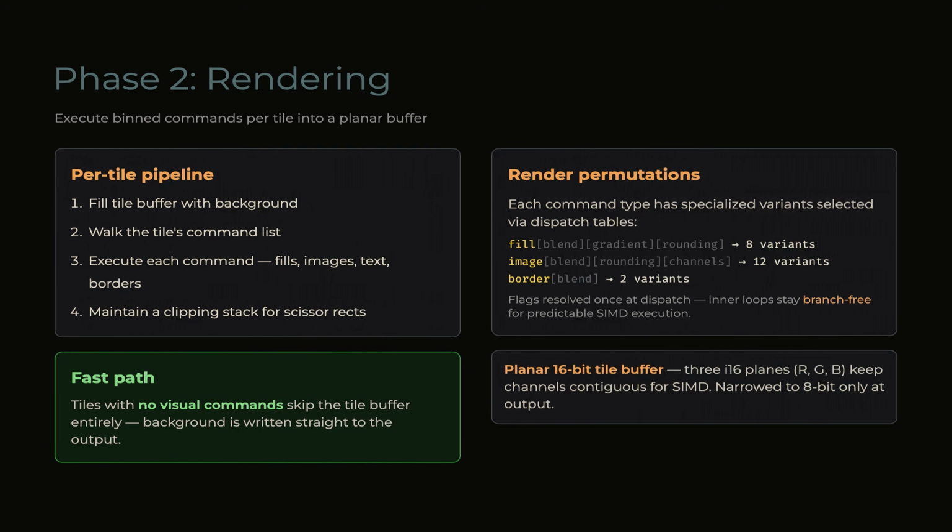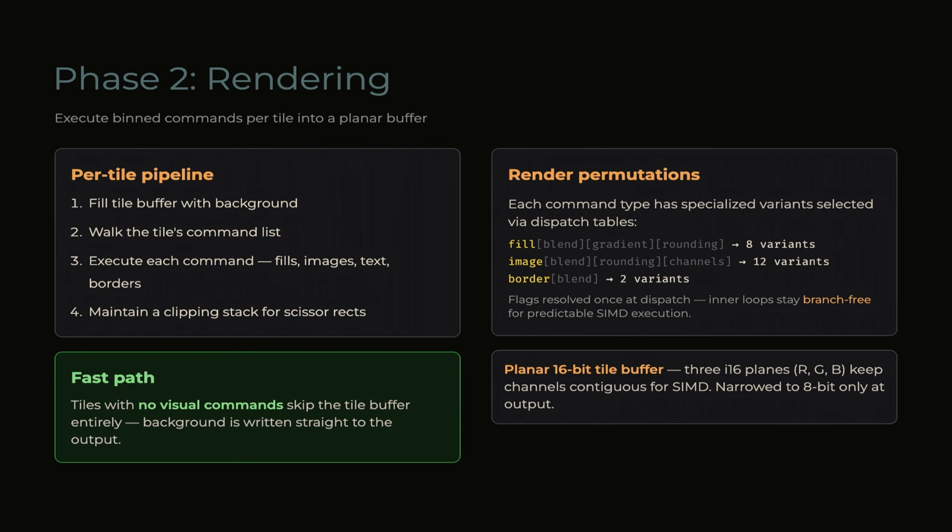The other thing is that I have a planar buffer. People coming from the Amiga know bit planes. What I have is byte planes. So I separate out all channels into R, G, and B channels.